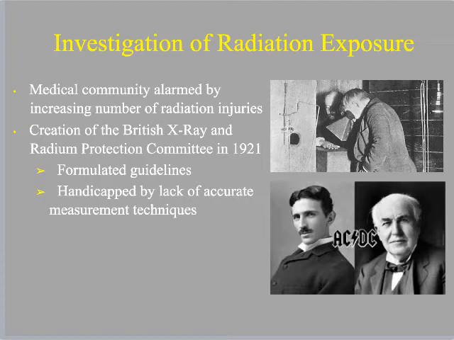Probably one of the earliest high-profile fatalities was Clarence Dally, who we can see here with Thomas Edison. Thomas Edison on the right is inventing a fluoroscope, and Dally has his hand on a wooden box within which is an X-ray tube, and they would sit there and fluoroscope Dally's hand all day long and work on this fluoroscope, right?